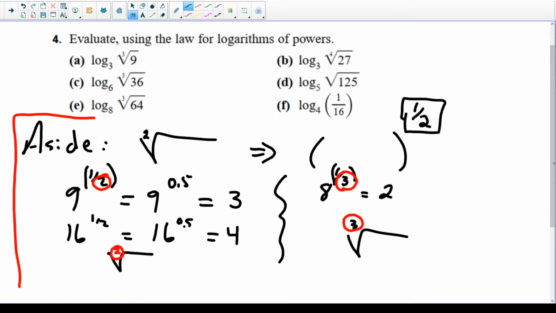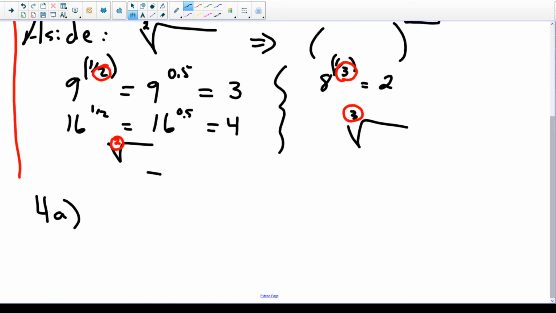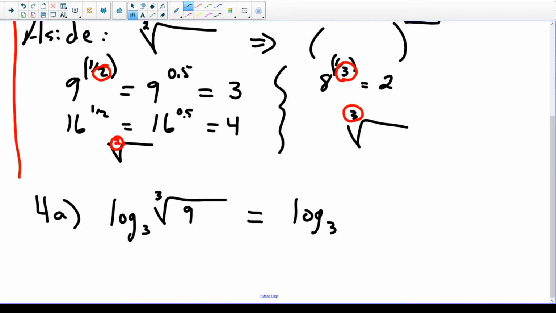So log base 3 of the cube root of 9. Well, we didn't see any laws that deal with roots yesterday, but we did see laws that dealt with powers. So I can rewrite this as log base 3 of 9 to the 1/3.